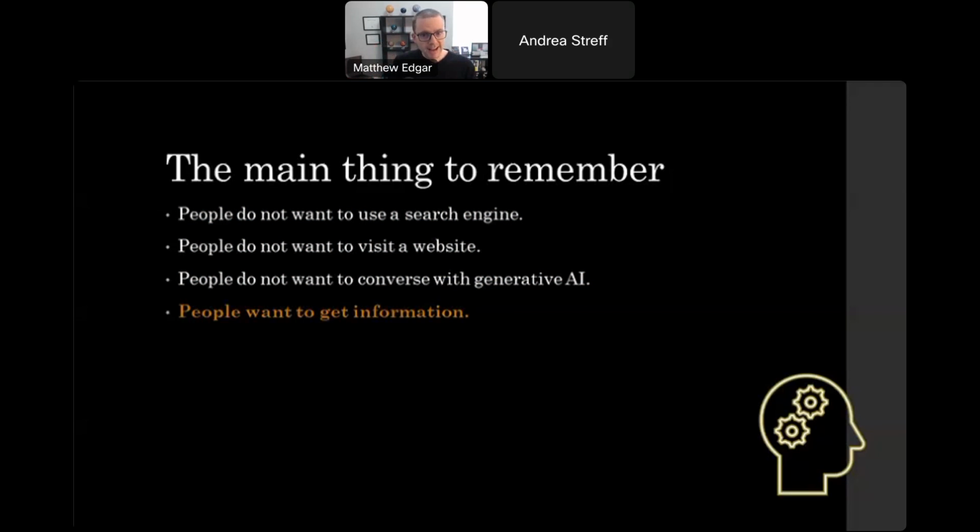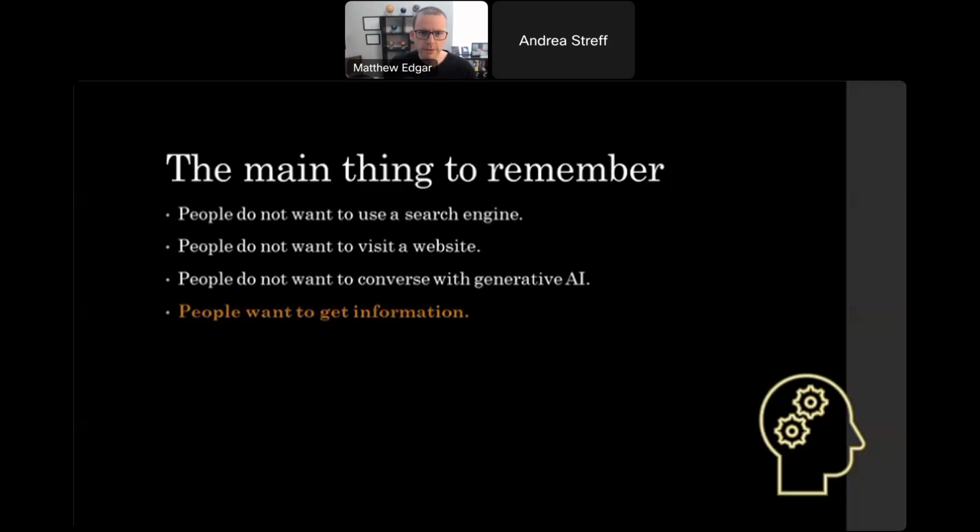But if generative AI is able to give pretty accurate answers to our questions, people are going to switch over to using generative AI. And so that's why generative AI starts to pose such a big threat to SEO as we currently know it and websites as we currently understand them, because it's getting people to the thing that they actually want, getting people to information in a much faster way than we've ever had before.